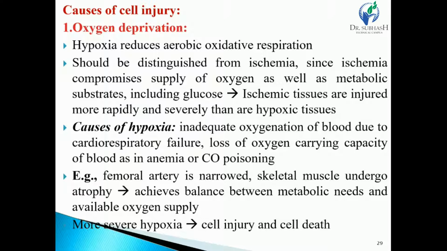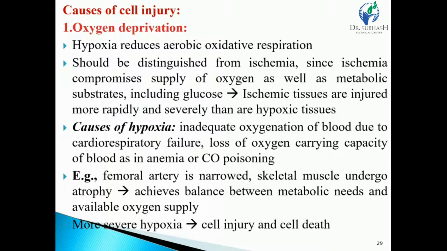And hypoxia may also result from causes other than the interruption, like disorders of oxygen carrying, that is RBCs, like anemia, carbon monoxide poisoning, certain heart diseases, certain lung diseases, and increased demand of the specific tissues. And hypoxia should be distinguished from ischemia, since ischemia compromises the supply of oxygen as well as metabolic substances like glucose also.